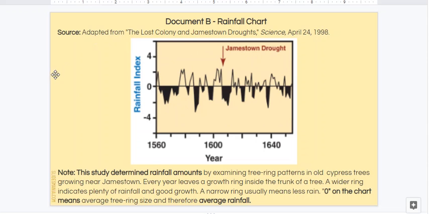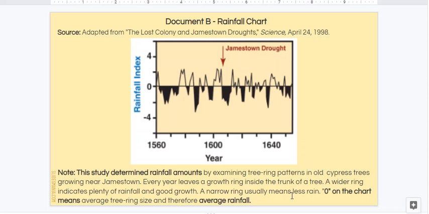So take a look at this chart. Be thinking about what it might mean. Let's read the note at the bottom. This study determined rainfall amounts by examining tree ring patterns in old cypress trees growing near Jamestown. Every year leaves a growth ring inside the trunk of a tree. A wider ring indicates plenty of rainfall and good growth.